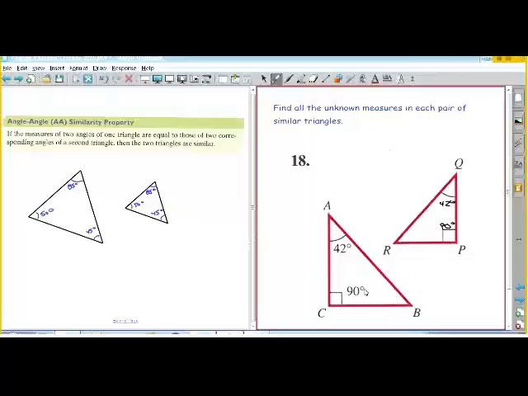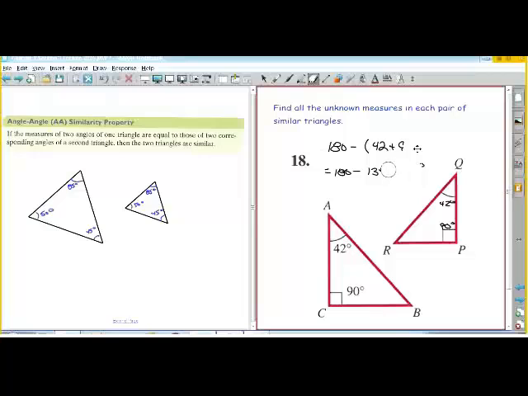So for the remaining angle, we just use the same thing we did here. We take 180, subtract the sum of the other two angles. So we got 180 minus 134, which is 44.